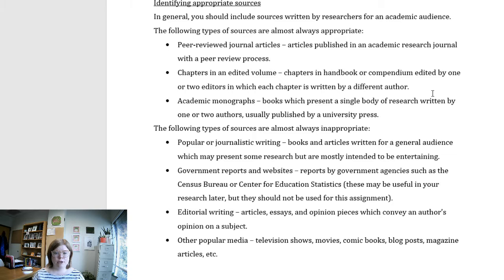So if you ever find a book that's like a handbook or a compendium or some other kind of volume on a subject, you can usually tell what these works are because they're usually edited by one or two editors, and each chapter is generally written by a different author.